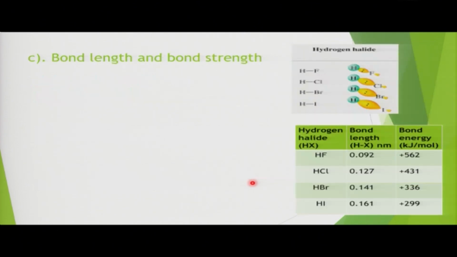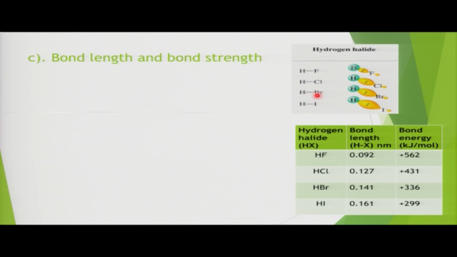Now, let's look at the bond length and the bond strength. You still recall bonding in your other previous lesson, whereby you looked at the orbital overlap. And this is exactly what happens in here.